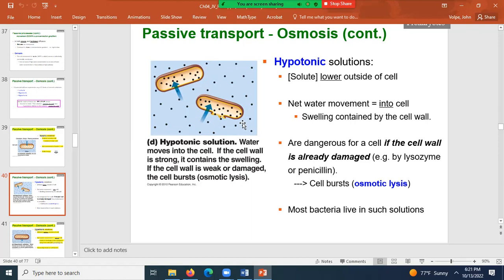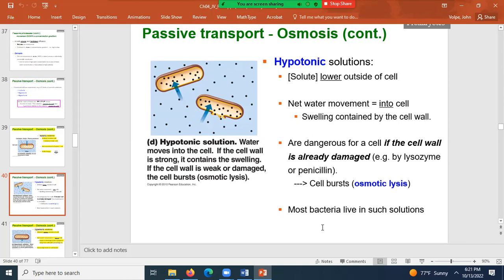However, the cell wall can protect the cell membrane, and water will move into the cell up until the cell membrane comes up against the cell wall. Then the cell membrane can't expand any further, and that will limit the water moving into the cell, meaning no more water can move into the cell. Most bacteria live in a hypotonic solution.